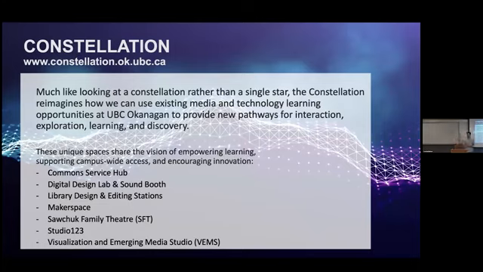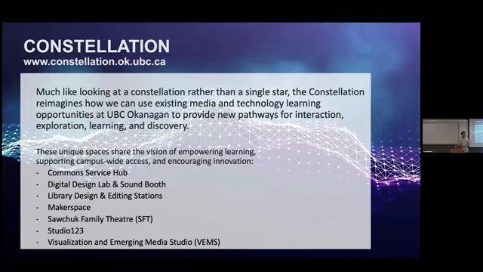Now, for those who are not familiar with Constellation or what it is or what it means, I'll quickly give an introduction, and we'll set the stage for this talk as to what Constellation does and how we engaged with these two projects. Constellation is a network of centrally supported and technology-rich spaces on the Okanagan campus that are committed to empowering the community as they seek to prototype and enhance learning outcomes.